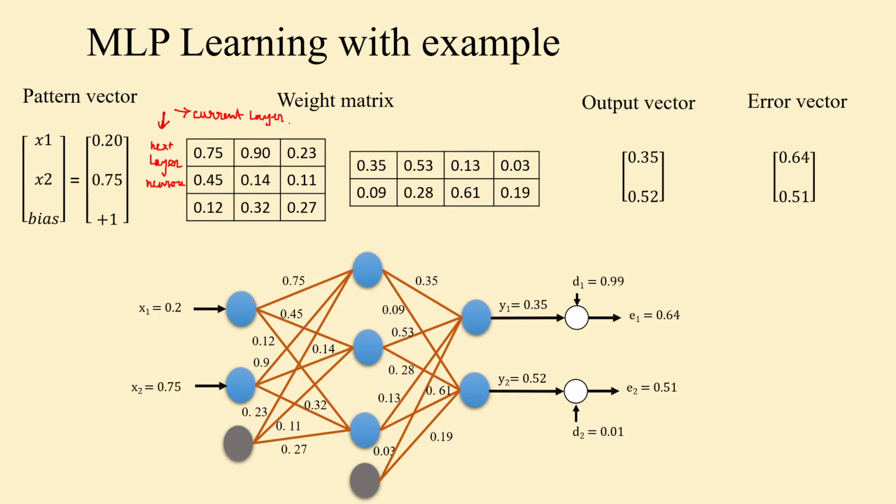So we have 3 inputs and 3 outputs, because bias is not affected over here.